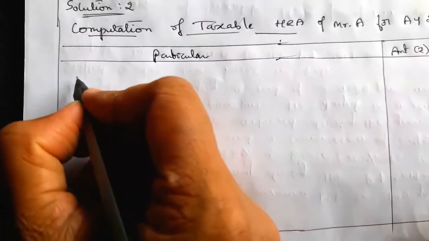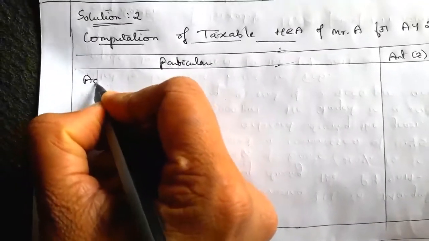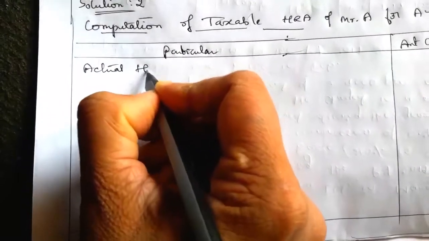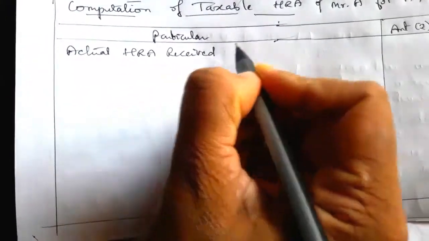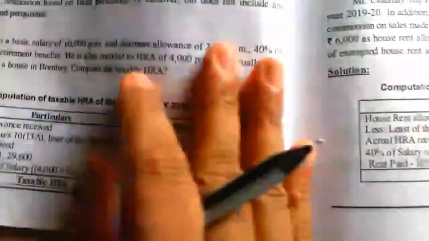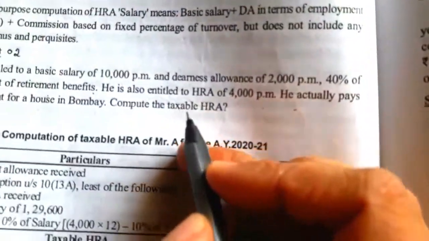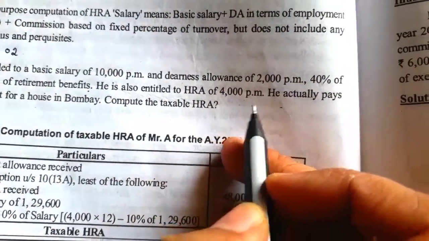So we'll write the format first. First one we have to take is actual HRA received. The actual HRA received given in the question: he is entitled to HRA of rupees 4,000 per month.